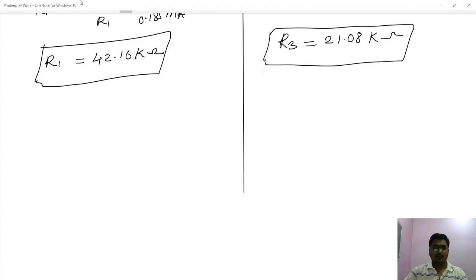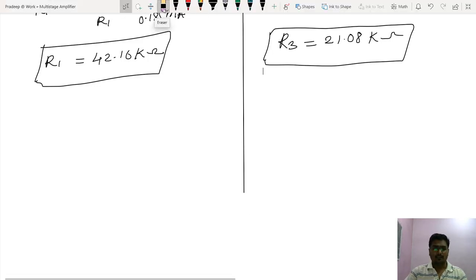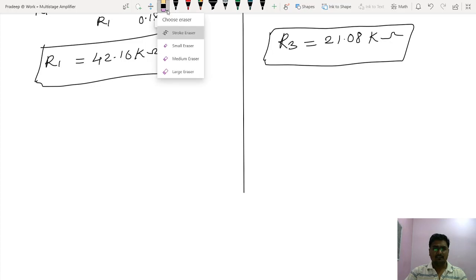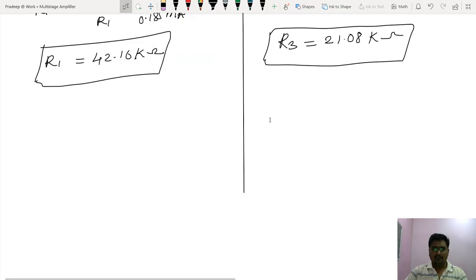Okay, now that border line or the center line is not needed. I'll erase this line from here. Yes, I will erase that, because whatever values of coupling capacitors and bypass capacitors I calculate for stage 1, I'll put the same values for stage 2.